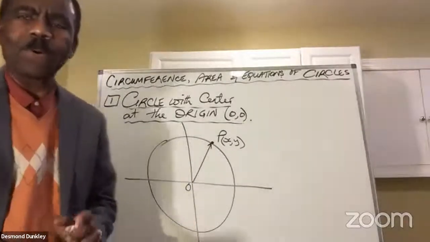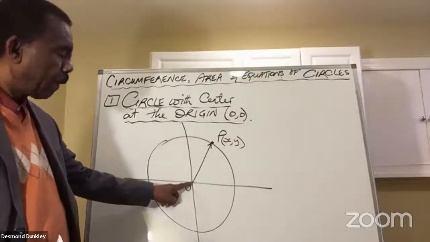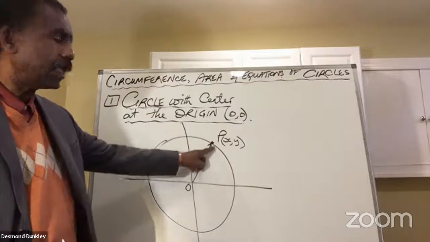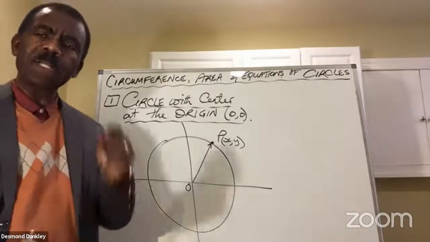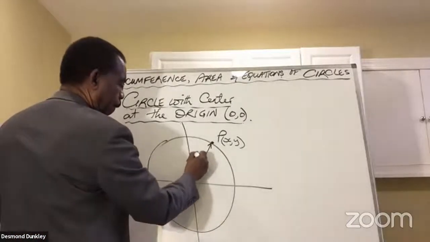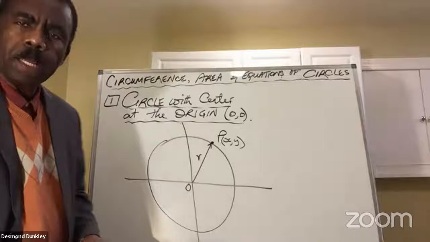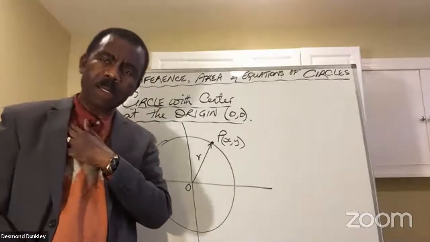Okay, so if this is the center, any line from the center to the perimeter or to the edge of the circle is called the radius, R. Any line, it doesn't matter what direction, it will be the same length, R. Okay?